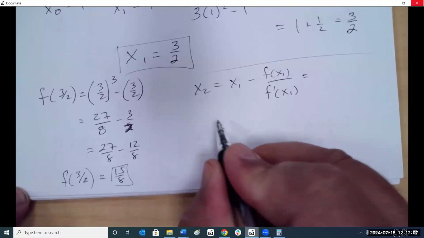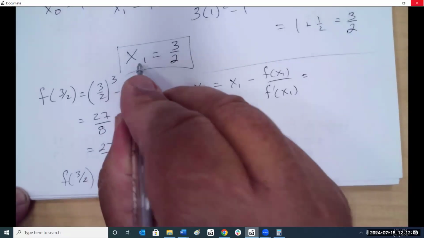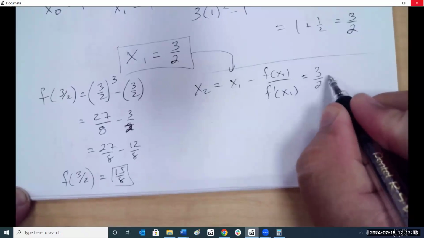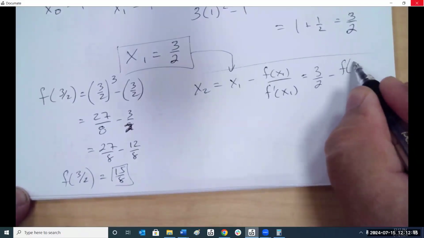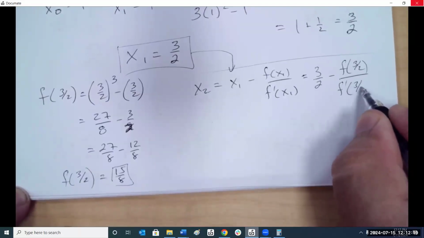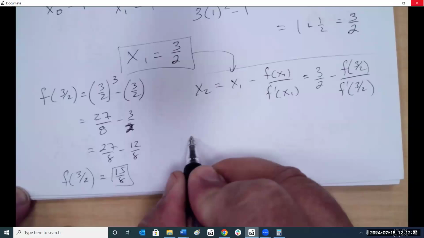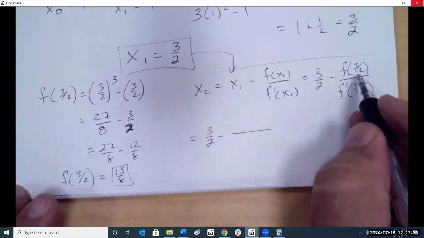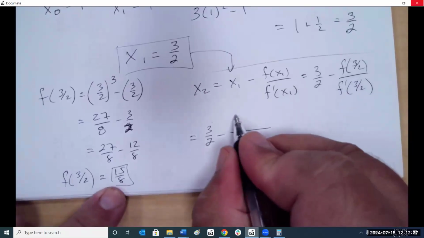So for the next one, this is our x1. 3/2 minus f of 3/2 divided by f prime of 3/2. F of 3/2 is 15/8.